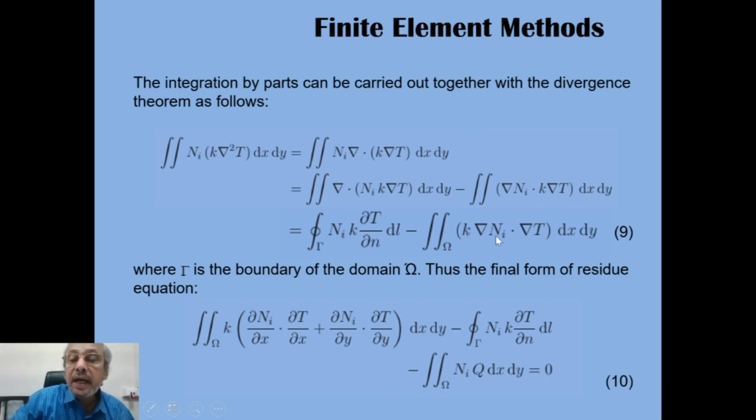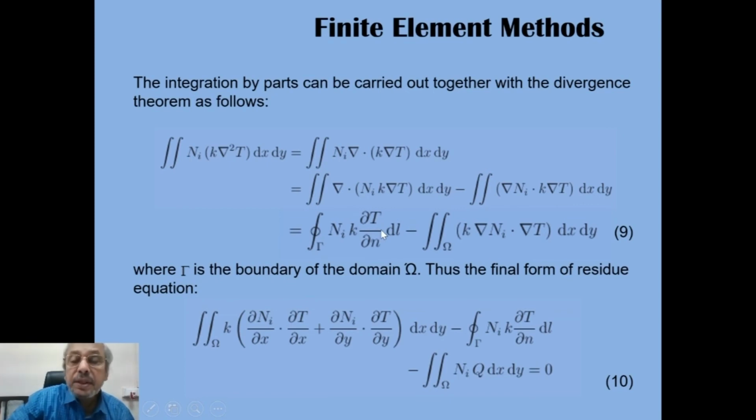Now this k grad Ni dot grad T can be further written as k (del Ni/del x times del T/del x plus del Ni/del y times del T/del y). We get from here dx dy, and we transfer it to the left hand side, then minus Ni k del T/del n dl. This is basically a line integral.